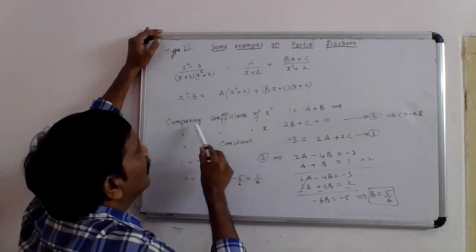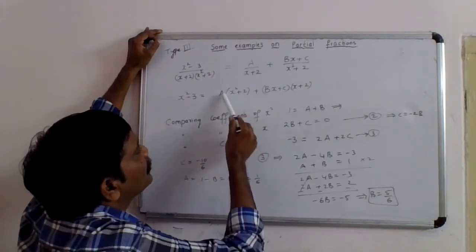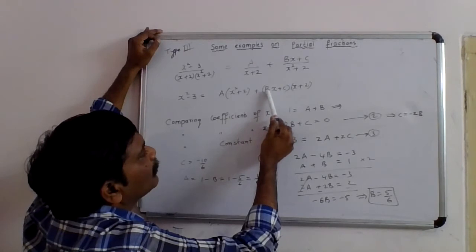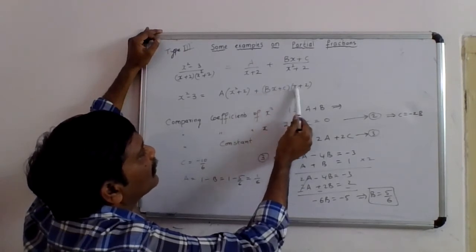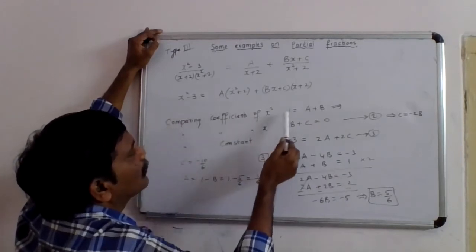Here, I compared x square coefficients. So here x square coefficient is a, and here there is a possibility of b, because bx into x is bx square and its coefficient is b. Here x square coefficient is 1.